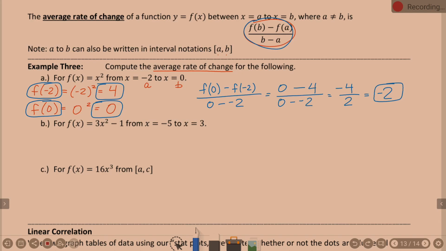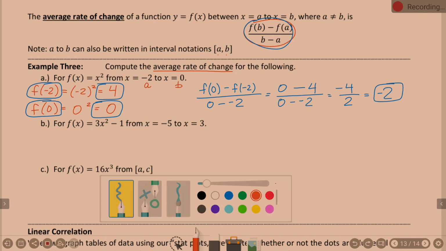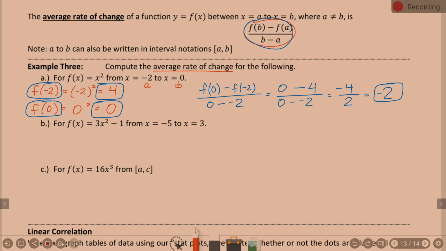So let's try B. What is the rate of change measuring exactly? If your answer is negative 2, what does that mean? It's the average rate of change. Basically, it's the slope of that section of graph. So this is saying on the parabola y equals x squared, the average rate of change from negative 2 to 0 is going to be negative 2.